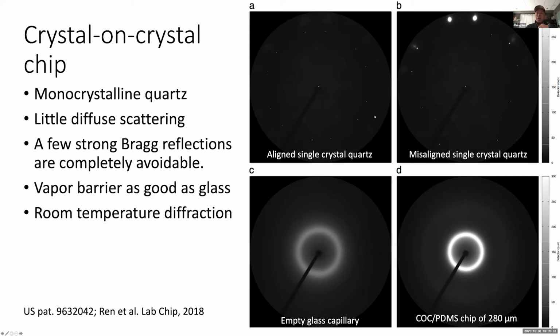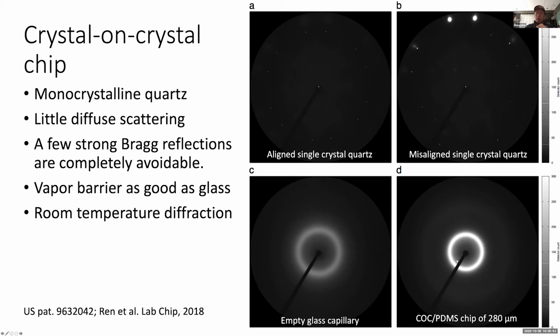And these 4 panels I showed here are the comparison of the diffuse scattering between this material versus the other glass capillary. For example, here is some sort of plastic, COC kind of plastic.